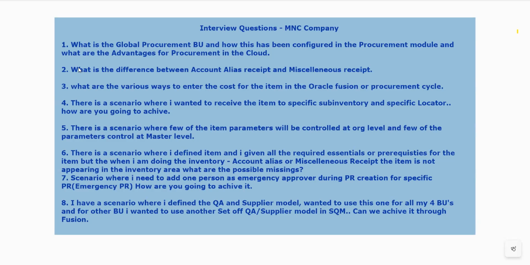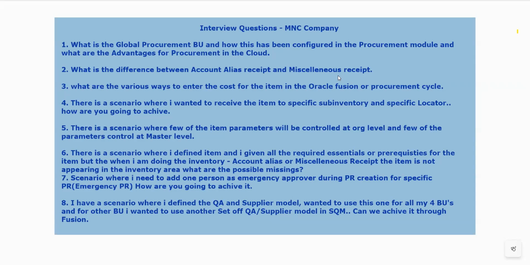Okay. So what could be the difference here is, when you use the miscellaneous receipt, the catch is that we no need to explicitly define the account, I mean the inventory account. That is not mandatory to define before using this one.